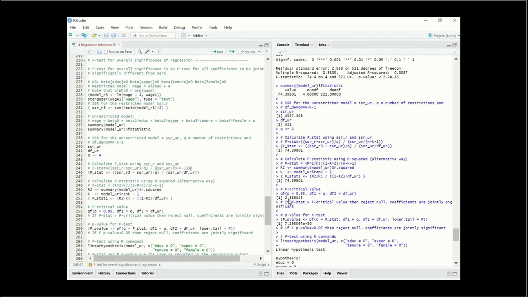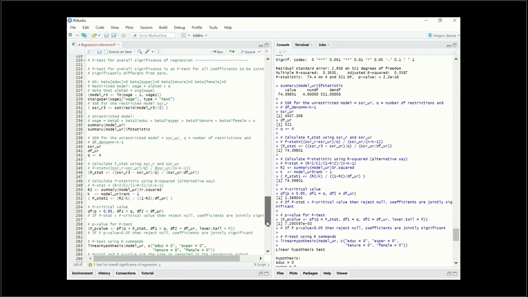We would be comparing the F statistic to the F critical value. Because the F statistic that we calculated here is greater than the critical value, the coefficients are jointly significant, and the p-value is less than 0.05. Therefore, again, the coefficients are jointly significant.